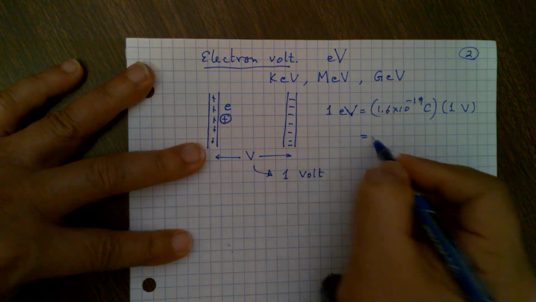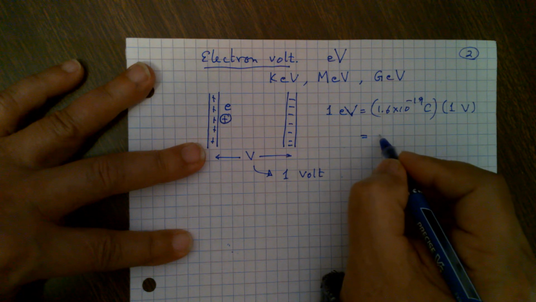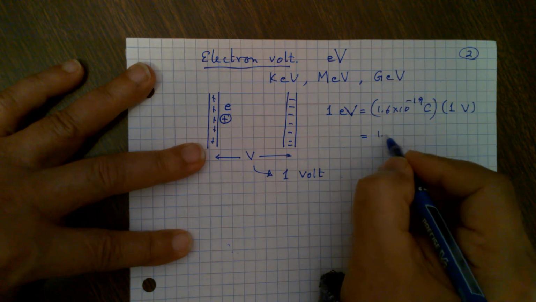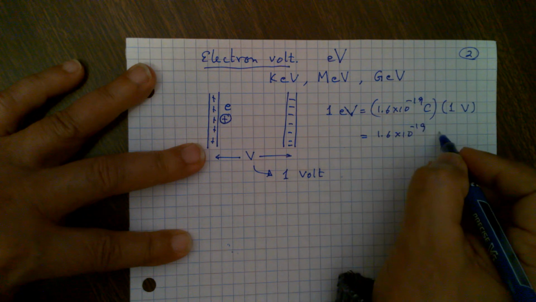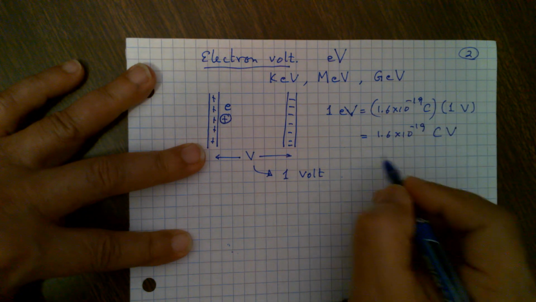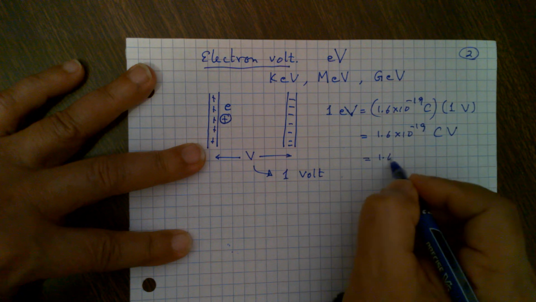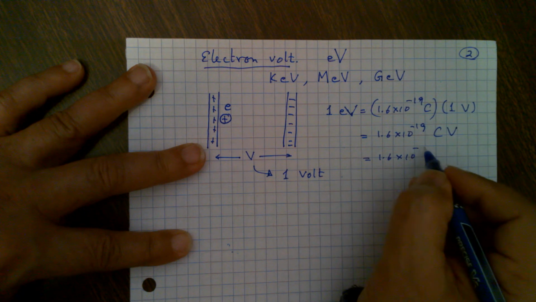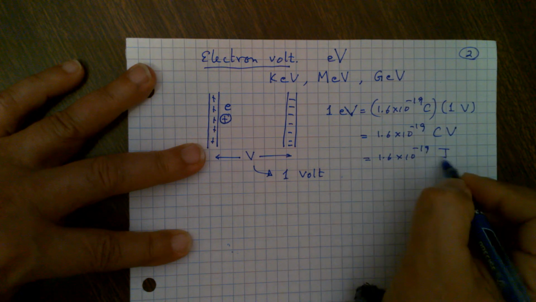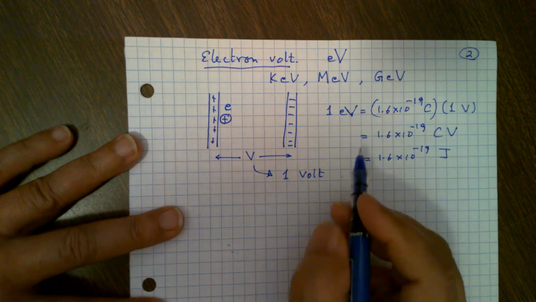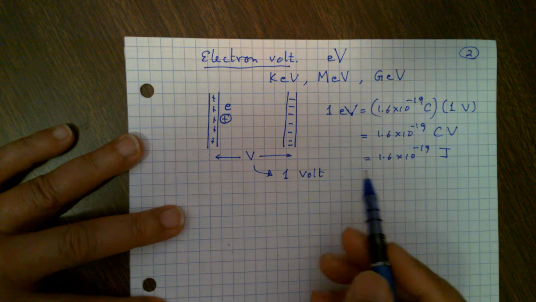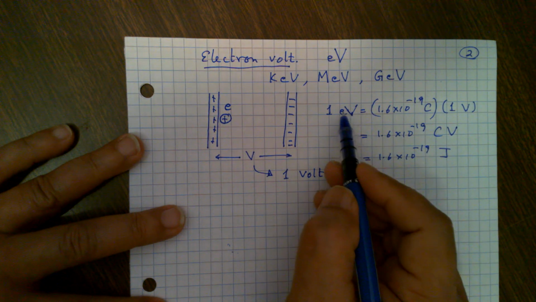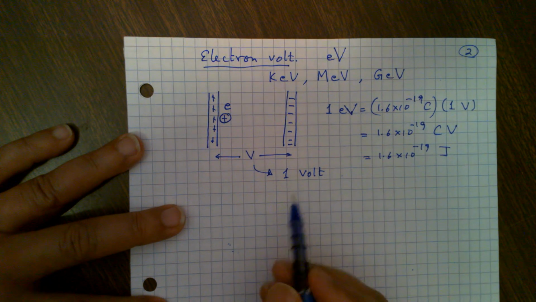And that is 1 electron volt, or 1.6 times 10 to the power minus 19 coulomb volt. And that is 1.6 times 10 to the power minus 19 joules. So actually it's a conversion factor between electron volt and joules also, right? So this is just the unit of work.